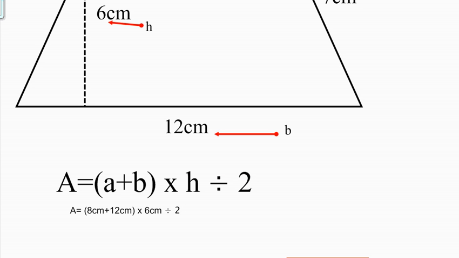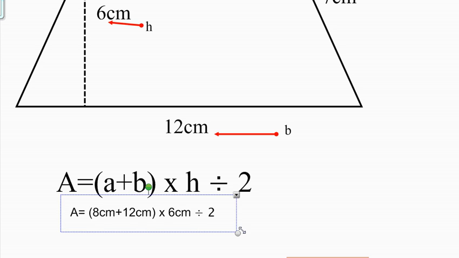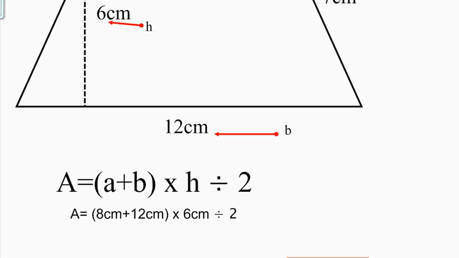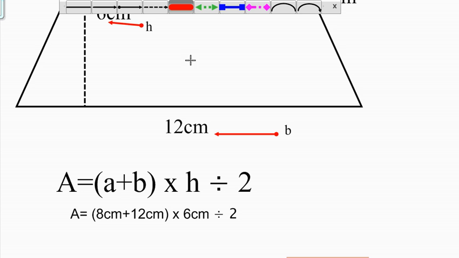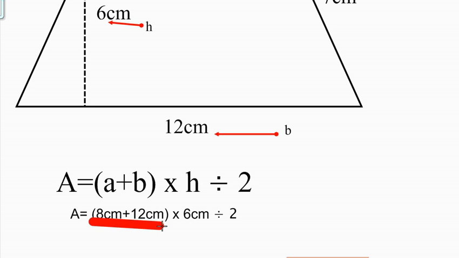So we want to make sure that we are doing this properly. Let's make this a little bigger. Excellent. All right. So the first thing that we're going to do is this part here, 8 plus 12. The reason why we're going to do 8 plus 12 first is because BEDMAS says we do everything in brackets.